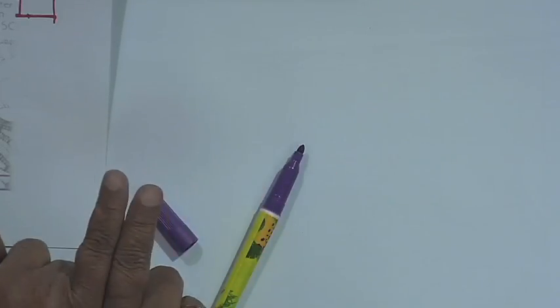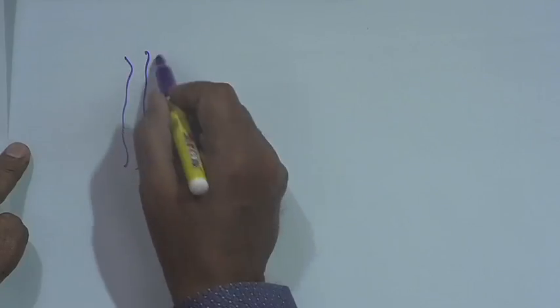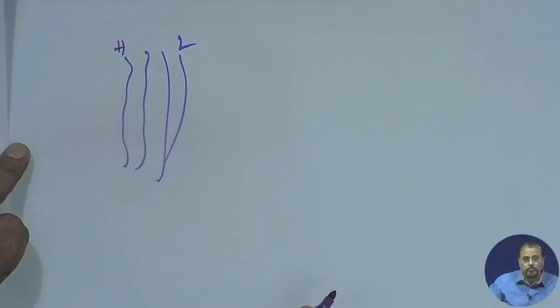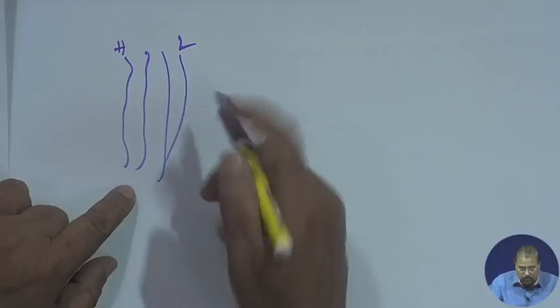We say that contour lines don't merge, contour lines don't cross, but I will draw two situations. There is a contour line going, this is high to low. Look at this.